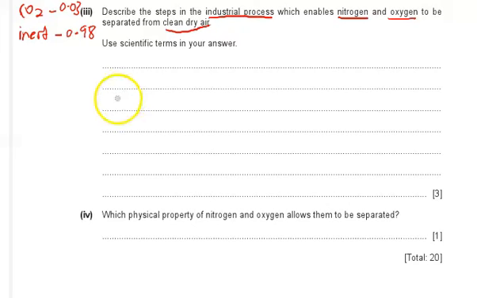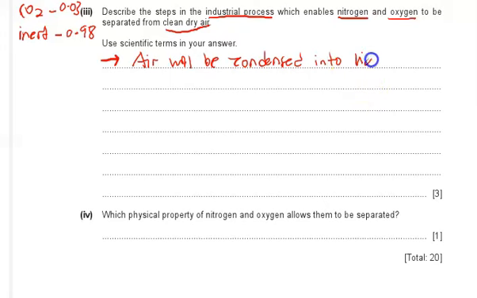To separate them, firstly, air is condensed into liquid air. We will be using a very high pressurized compressor to condense it.